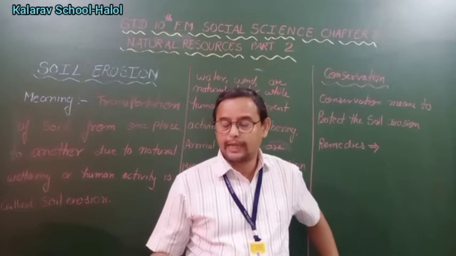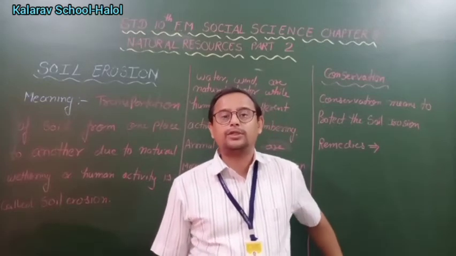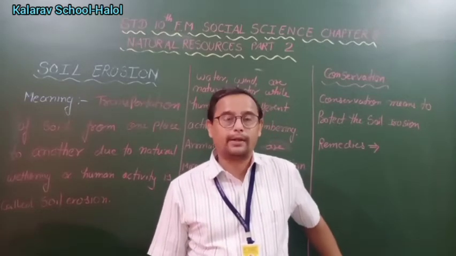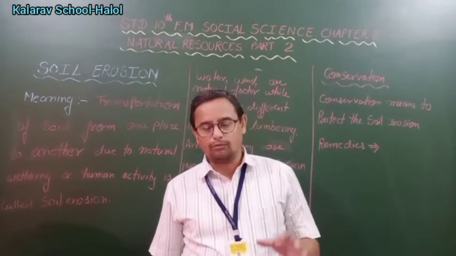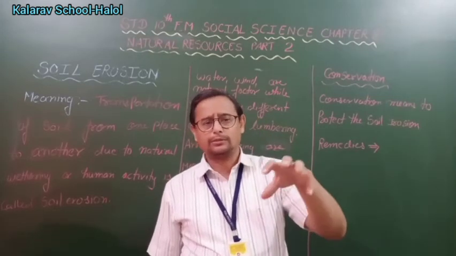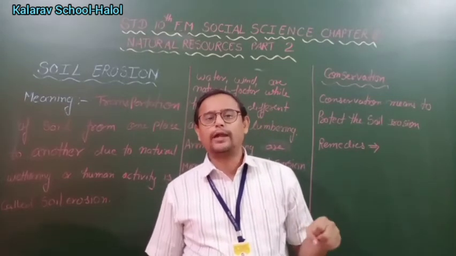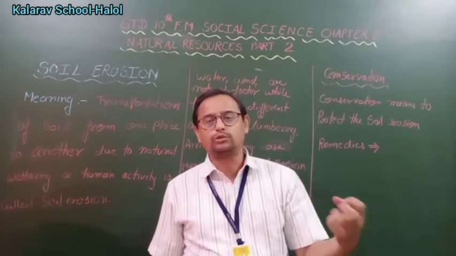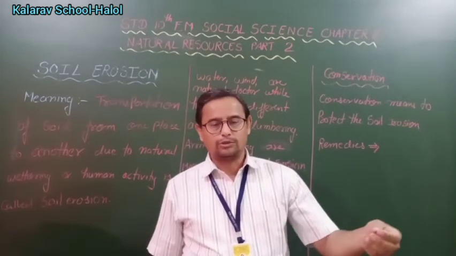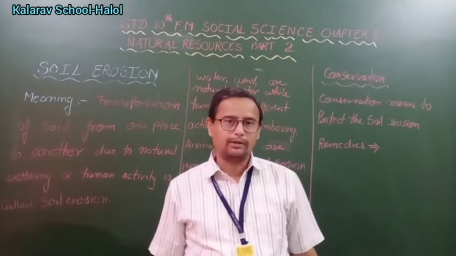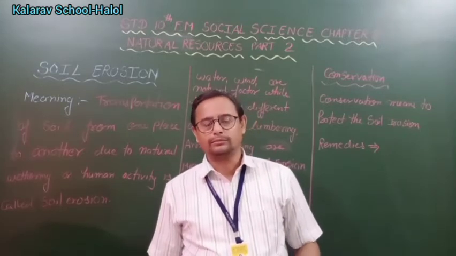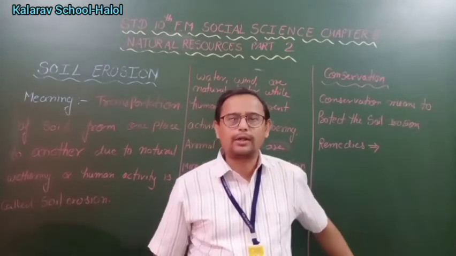Control the grazing activity of the land. जमीन में जानवरों को कम से कम चरने देना चाहिए. Why? Because when animals graze, the grass is lost and the soil becomes free from it, and due to that reason it is carried from one place to another.